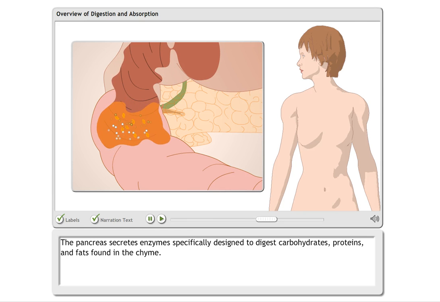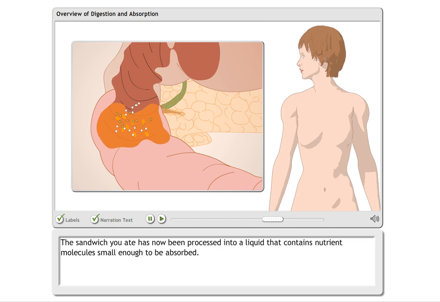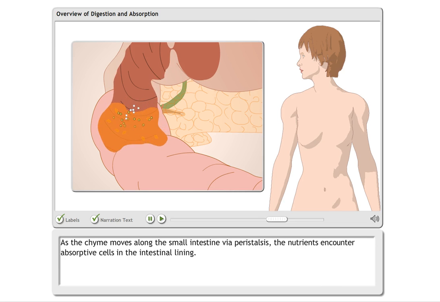The pancreas secretes enzymes specifically designed to digest carbohydrates, proteins, and fats found in the chyme. Further chemical digestion aided by enzymes located on the small intestine complete the process of digestion. The sandwich you ate has now been processed into a liquid that contains nutrient molecules small enough to be absorbed.